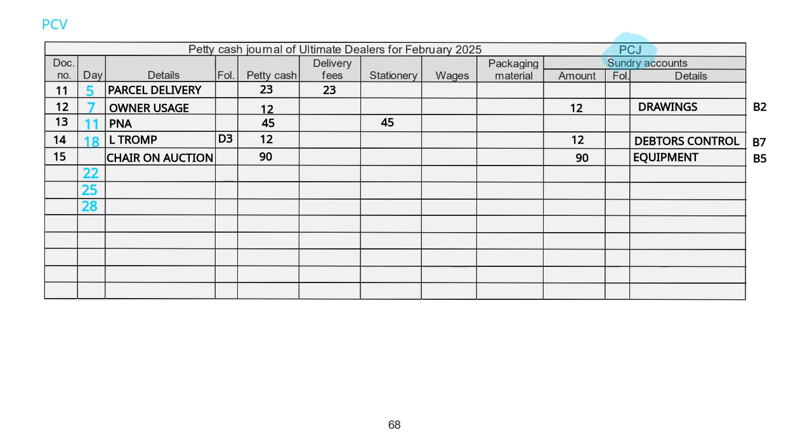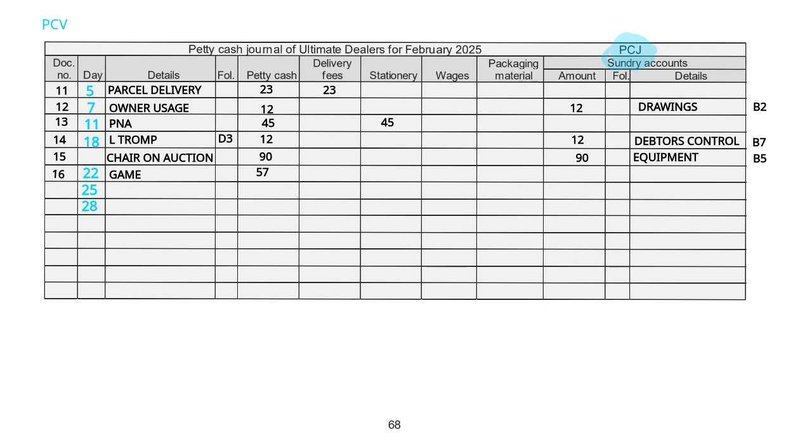Now let's move to the 22nd. Bought inventory 45 and packing material 12 Rand at Game and paid from petty cash. So our voucher is number 16. We are buying from Game, so our details is Game. We will put the total in petty cash, which is 57.